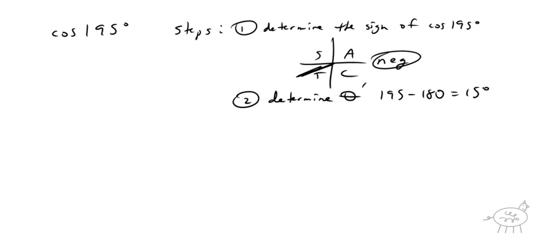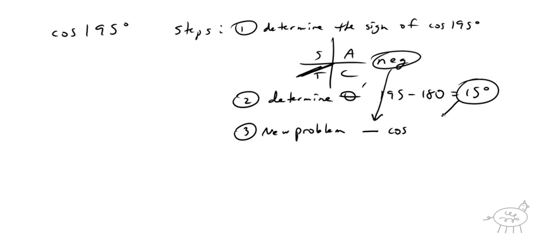All right, so we've got a reference angle. We know it's negative, so here, our third step, this is our new problem. It's negative cosine of 15 degrees.